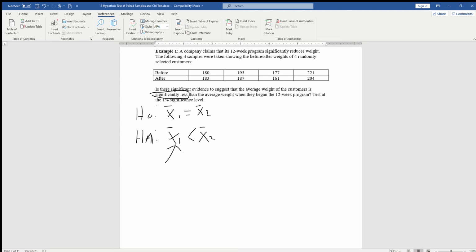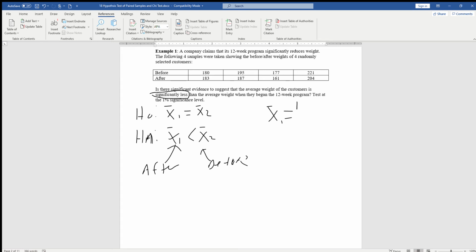Now, we know that after somebody goes through the program, they should lose weight. So we're going to define the after group as group 1 and the before group as group 2. Now we're going to start getting some variables. We need an X bar 1, and X bar 1 is just going to be the sum of all of the after weights divided by 4.